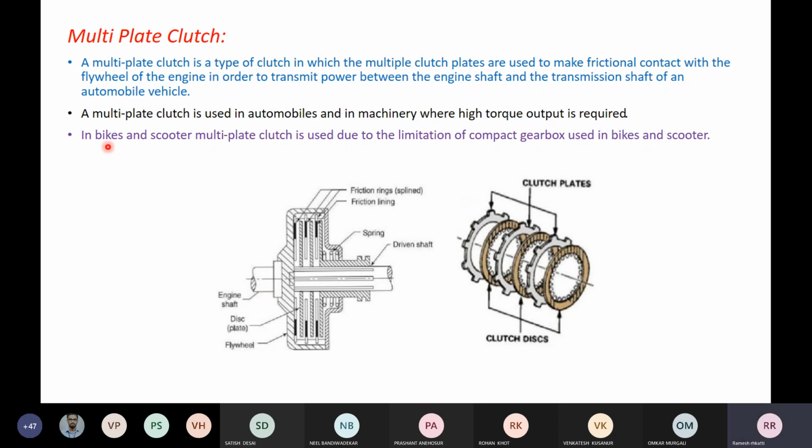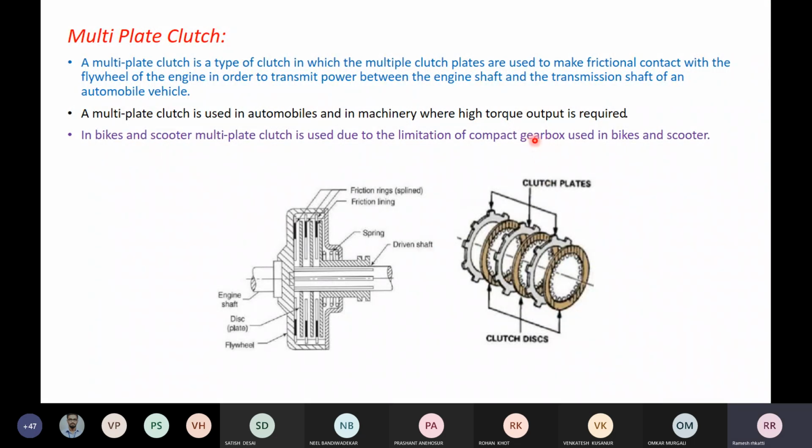Multiple plate clutches have some limitations. A bike or a scooter has a compact gearbox compared to heavy vehicles like trucks and buses.